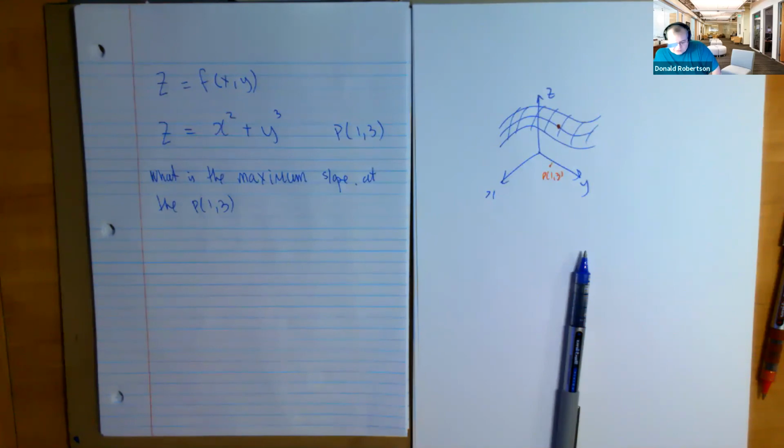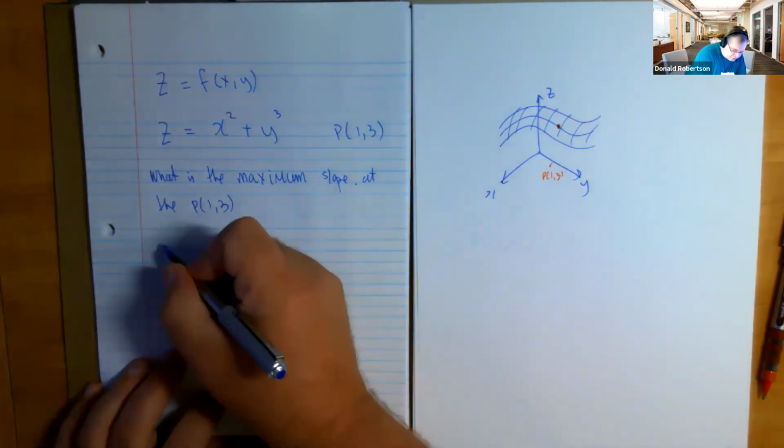But could you imagine that there's one specific direction that you get the maximum slope in? We would like to know what that maximum slope would be, and what direction you would need to travel to get it.